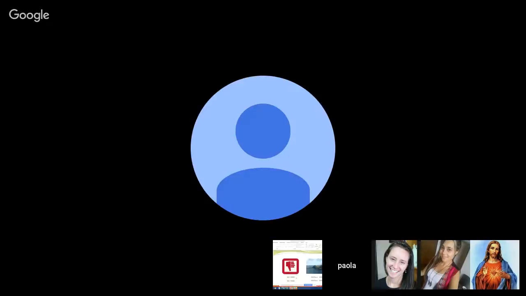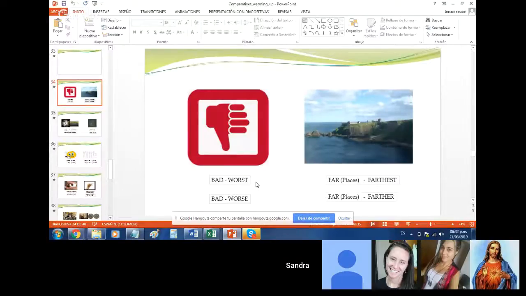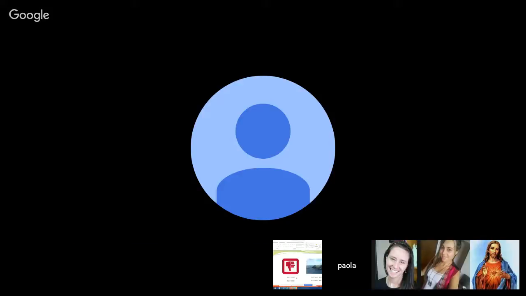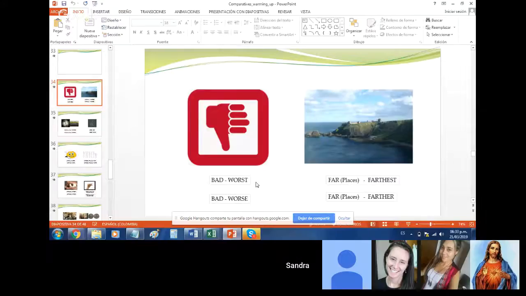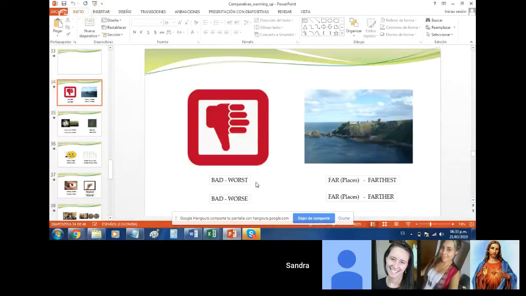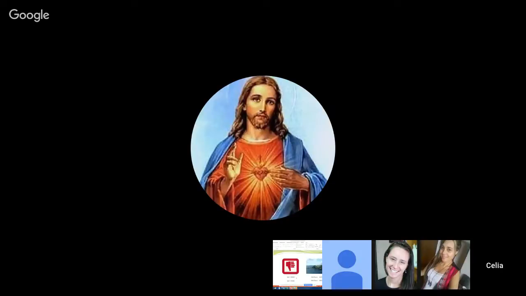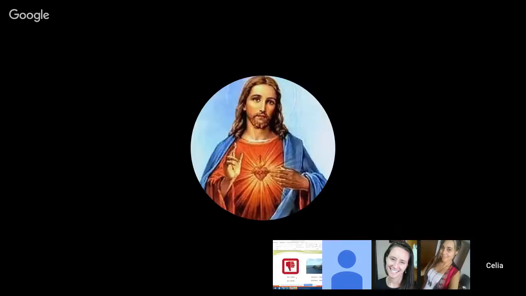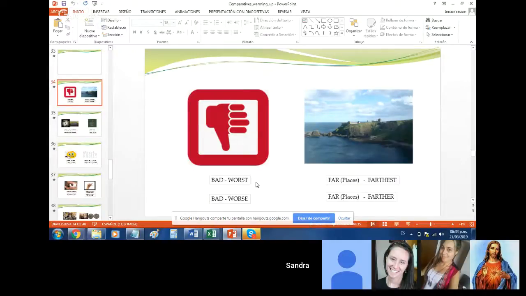No. Remember that if you use the superlative, you are highlighting something in a negative way among a group. For example, iPhones are the worst cell phones ever. Highlighting something negative, that the cell phone is totally negative in all the history of cell phones.